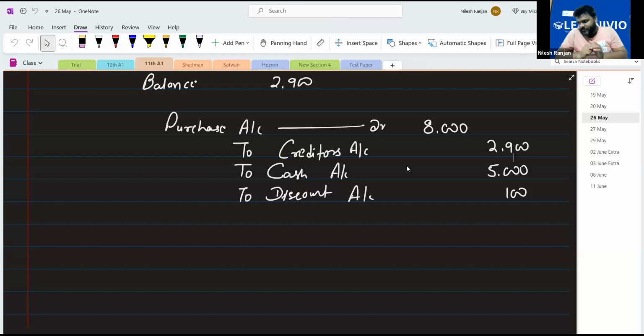It was a bit different from the normal questions you taught me, so I got confused and didn't attempt it. It says started business with cash 2,50,000, and then with a comma it's written furniture 70,000. So I got confused.